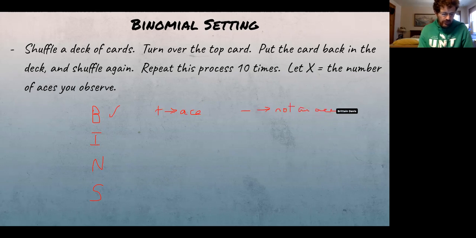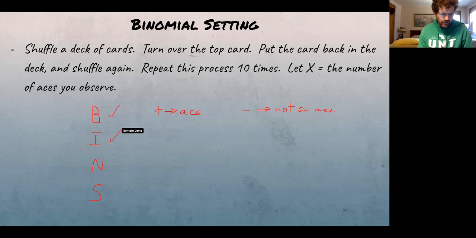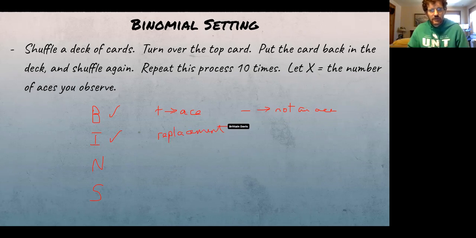Okay. Independent? Yes or no? Yes, it is. Looks like there's replacement, so every card has the same probability of being drawn on any given turn. Do we have a limited number of trials?